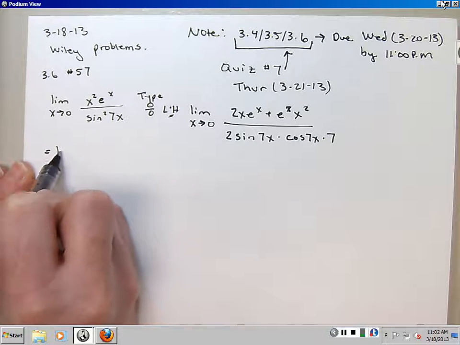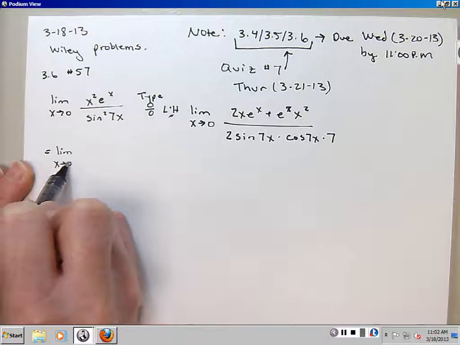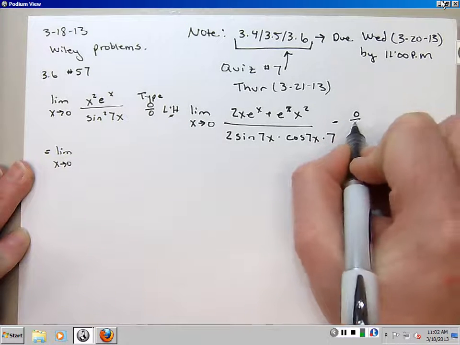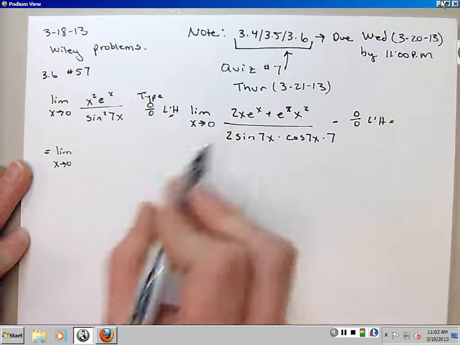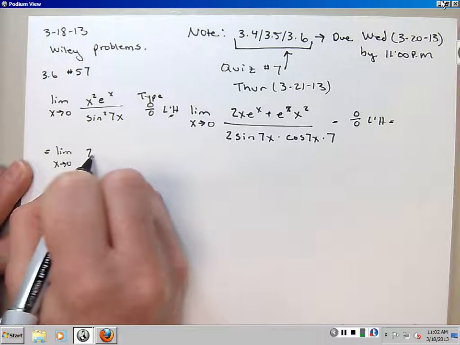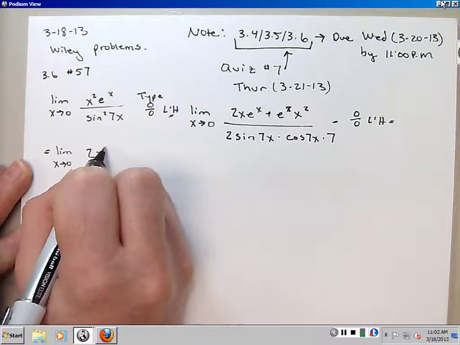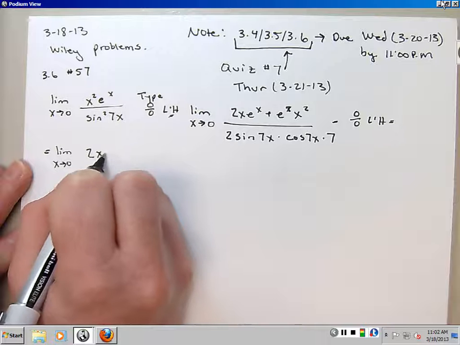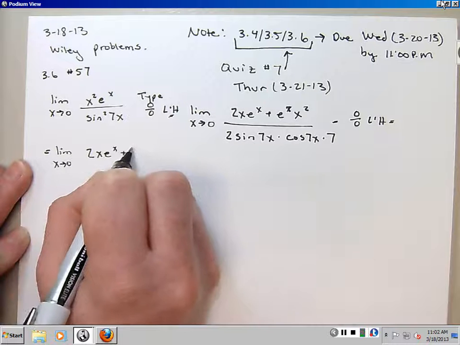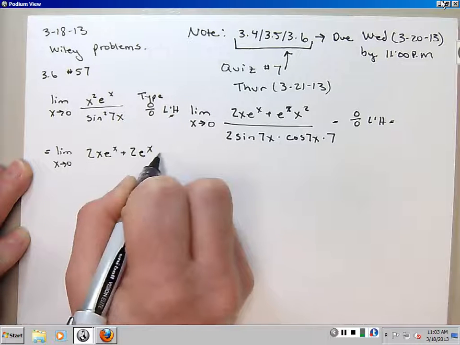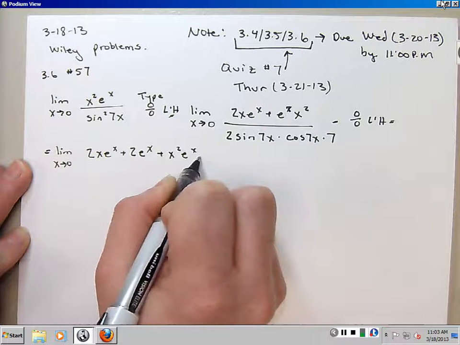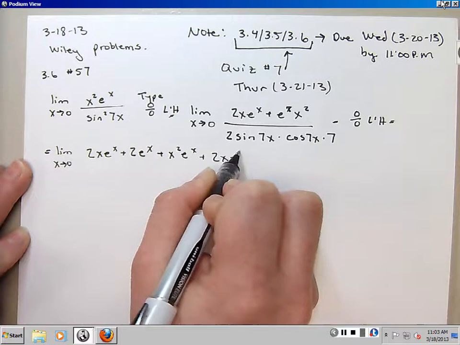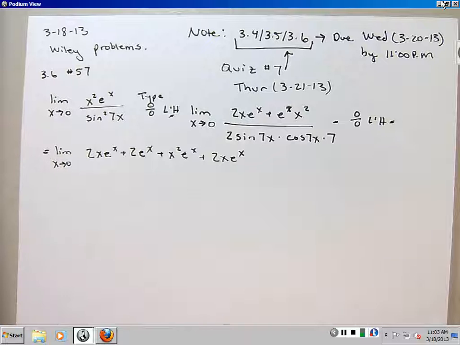Let's go ahead and say this is 0 over 0. Apply L'Hopital's rule. The derivative of the top would be 2x e to the x plus 2 e to the x plus x squared e to the x plus 2x e to the x, because I have 2 terms, and each term is a product rule.